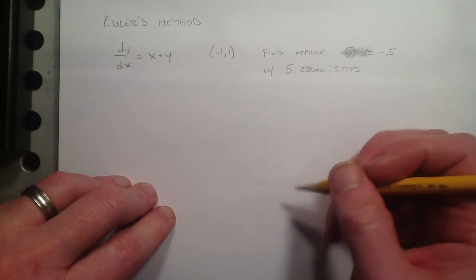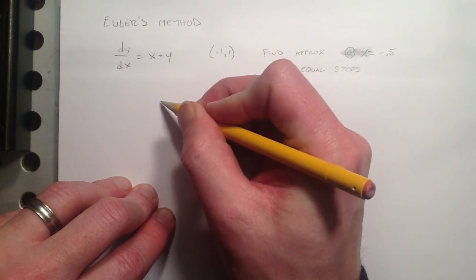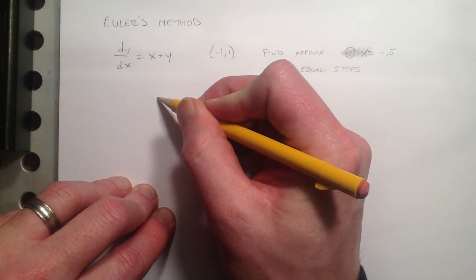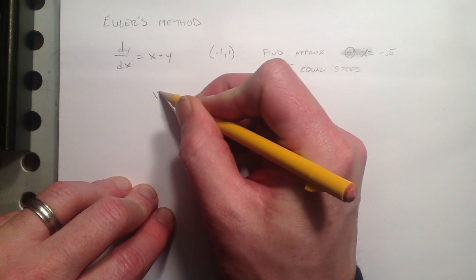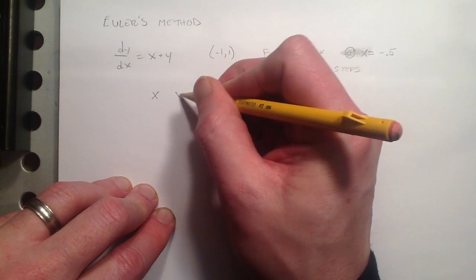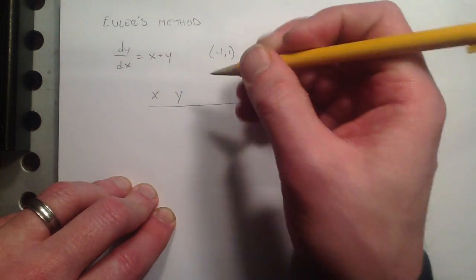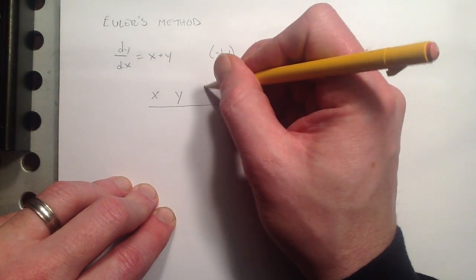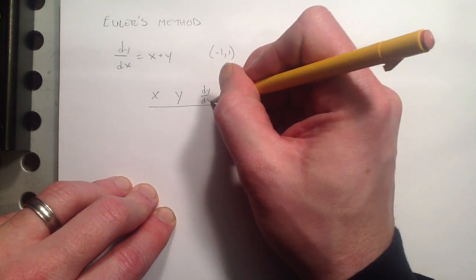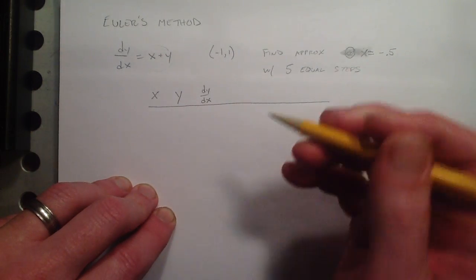Here's, I think, the best way to do that. We'll set up a little table. Here is my x-coordinate, my y-coordinate. Here is dy/dx, which of course you can find by our formula, our differential equation.